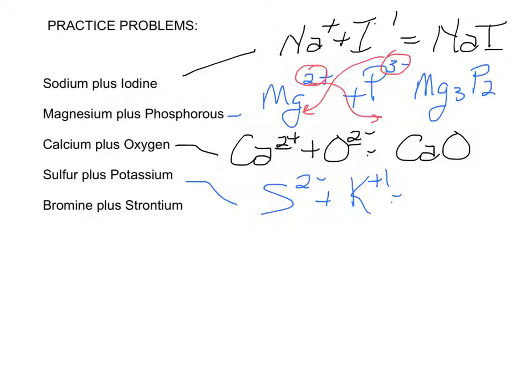Now here's one of those tricky deals I was telling you. We've listed the metal in the second one, but we know it has to be first. So when I write this compound, or name it, it's going to be written as potassium. I need 2 of them to balance out this 1 sulfur. So there's potassium sulfide.